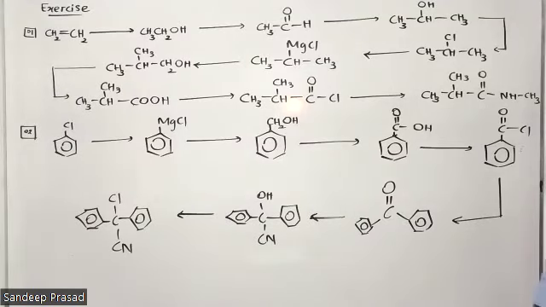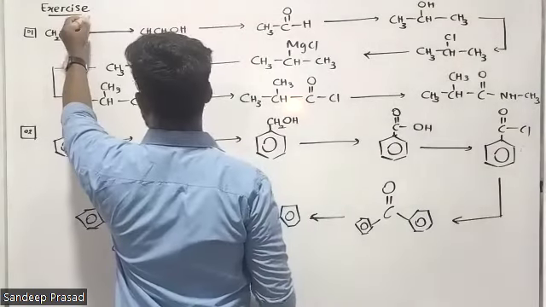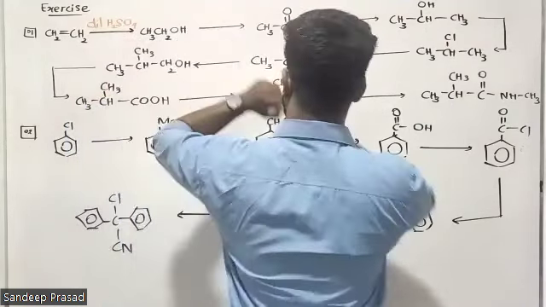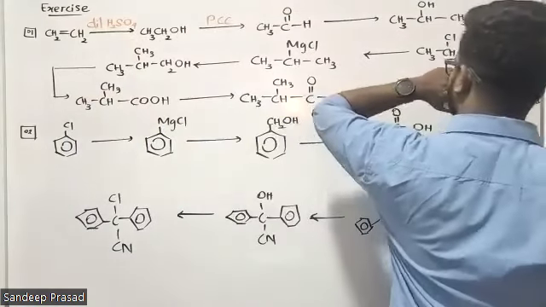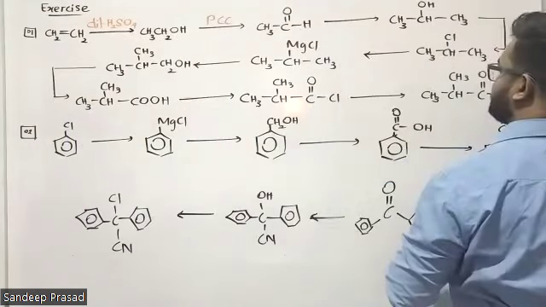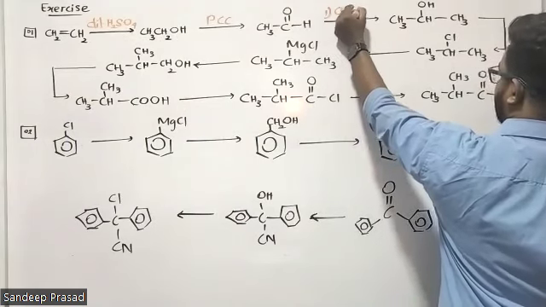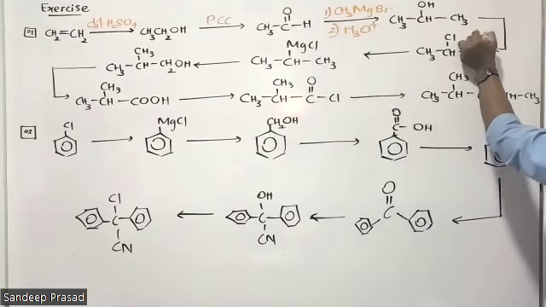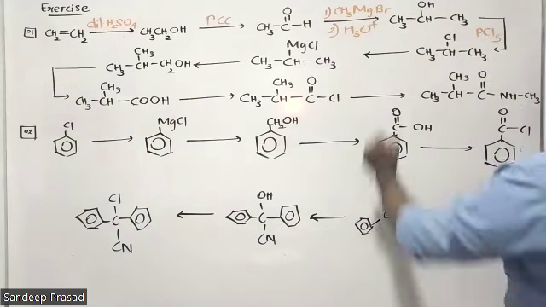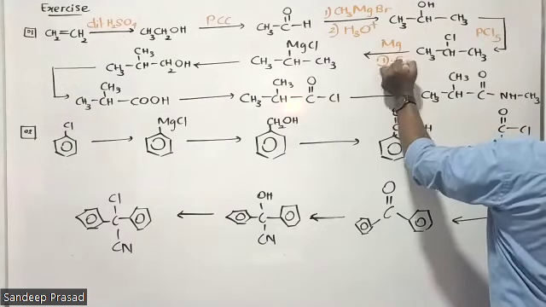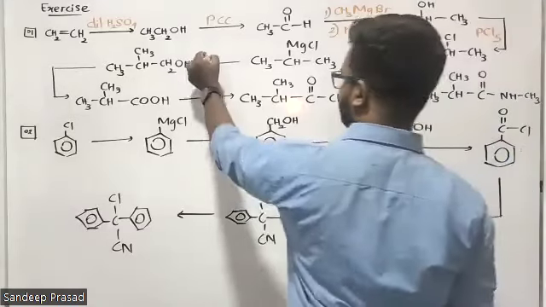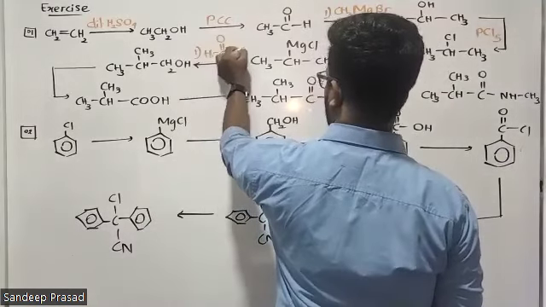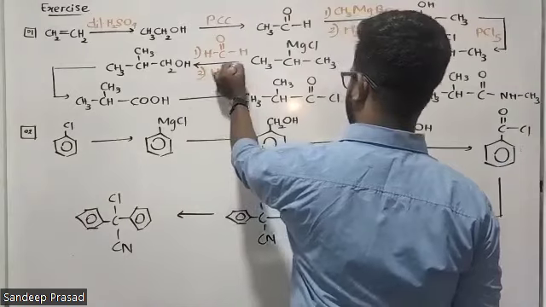Right. Number 1, I'm going to add here diluted sulfuric acid, PCC, CH3MgBr, H3O plus, PCl5, magnesium in diethyl ether, methanol is added with H3O plus, 1 and 2.